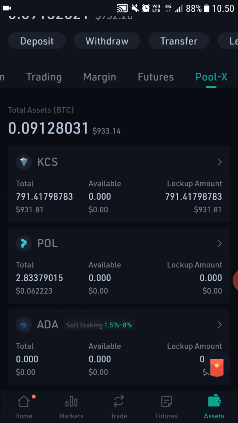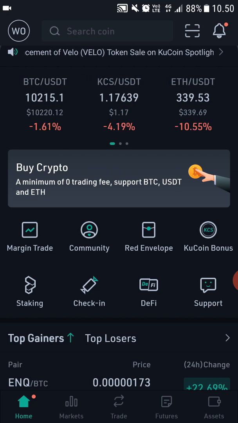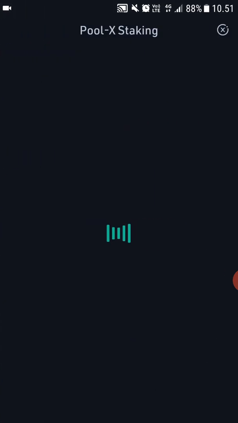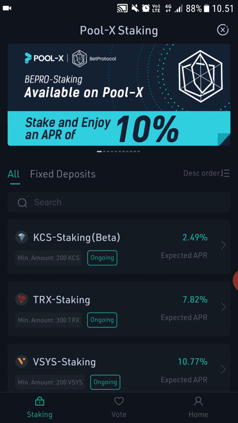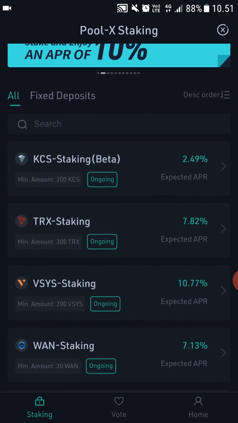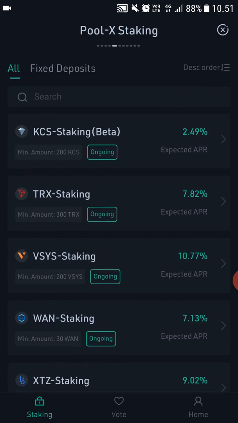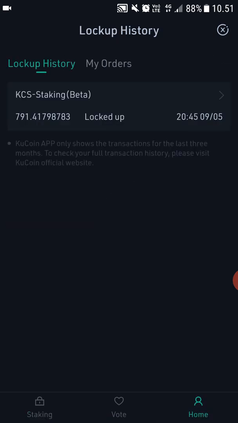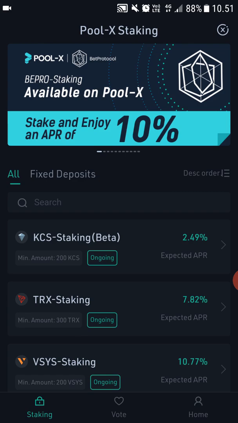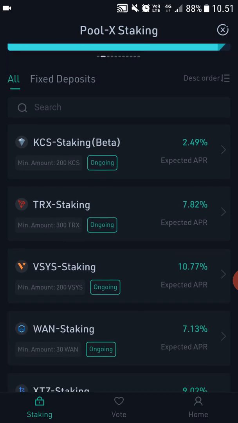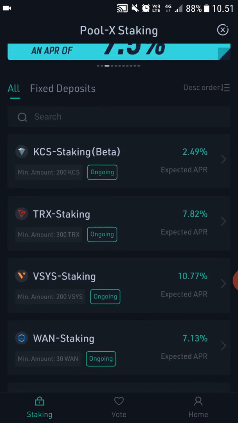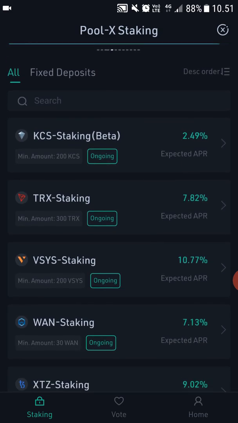Staking is when you lend your cryptocurrencies for liquidity, and you earn annual returns. KuCoin shares has only 2.49%, so it is kind of low, but I'm still trying it just for the sake of trying it, because it's beta.